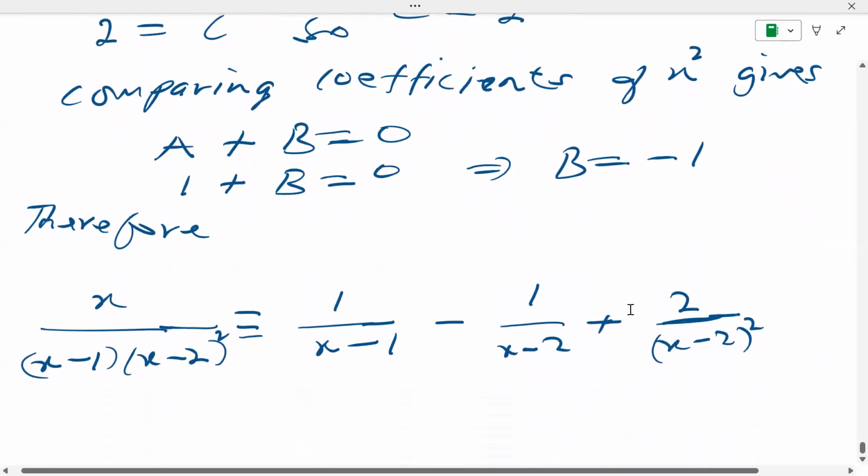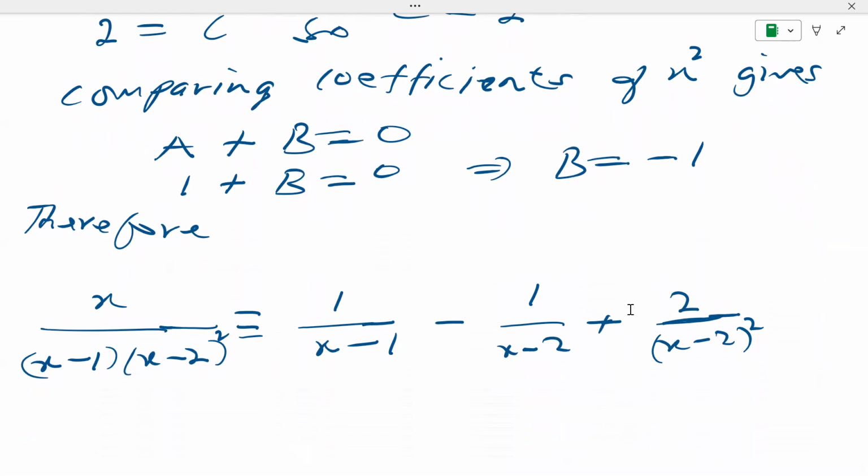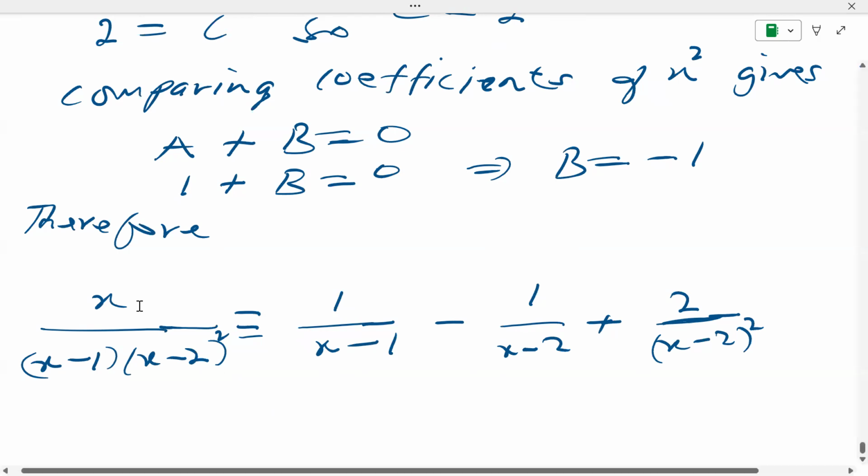Great. That does it for today's lesson. We've gone through repeated factors under partial fractions. Take note of all the 3 aspects: the linear factors, quadratic factors, and then repeated factors. Try your hands on a lot of them. There'll be other examples where you may need to check whether the power of the numerator is less than that of the denominator.